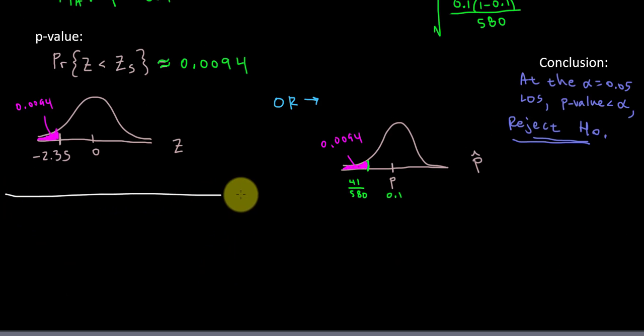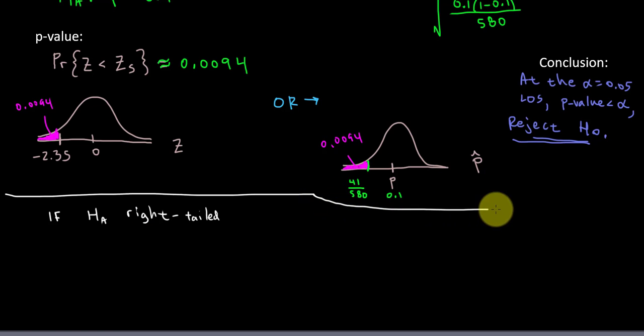I would like to do another side note on p-value here. This was a left-tail test, but if the alternative hypothesis was right-tailed, then we would have found instead the probability to the right of our test statistic or of our sample proportion. So the p-value is the probability to the right of our test statistic.